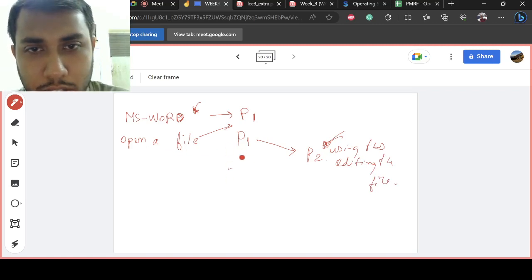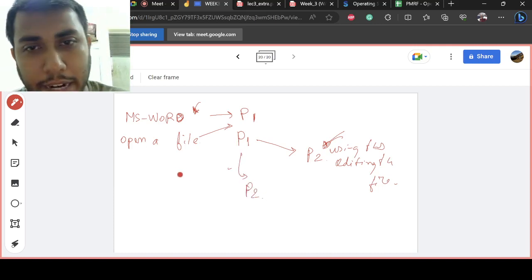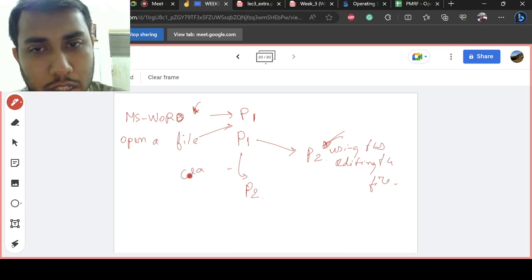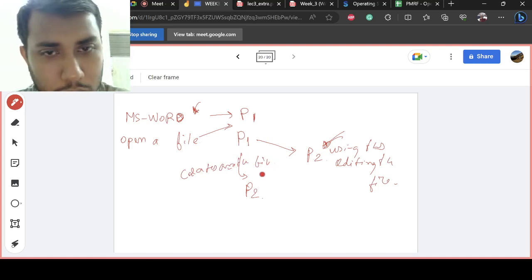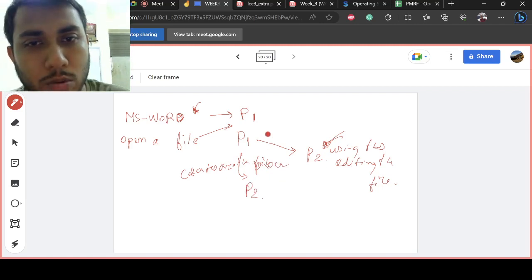What you do in that case is it forks, it creates another process. So basically P1 is creating P2.